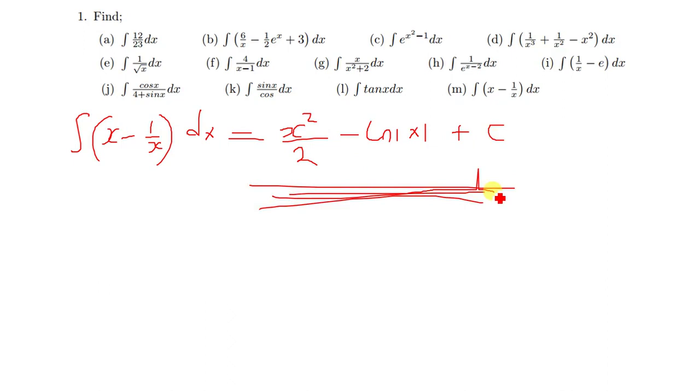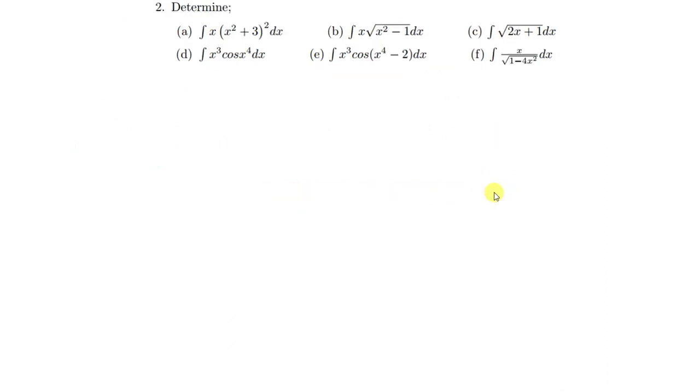Yeah, so we proceed to the next question, which is question 2. We're done with question 1. So question 2 is saying determine the integral of x, then that in brackets, then that.